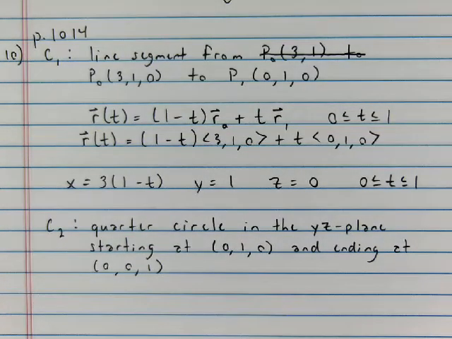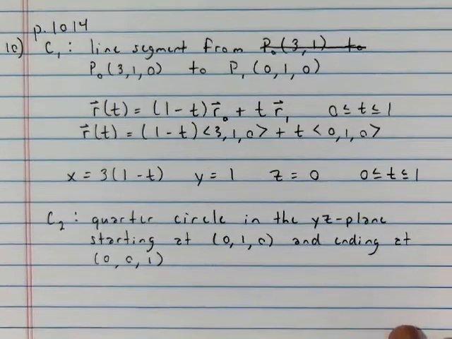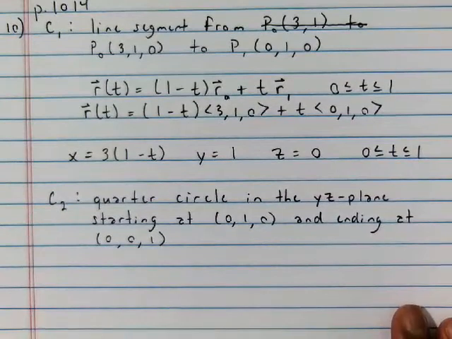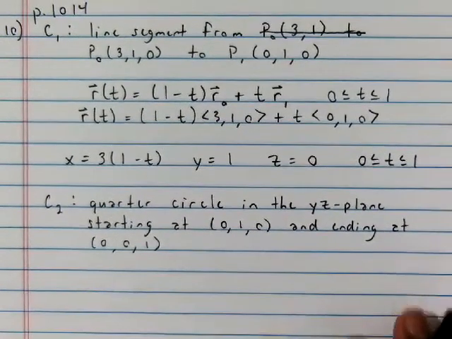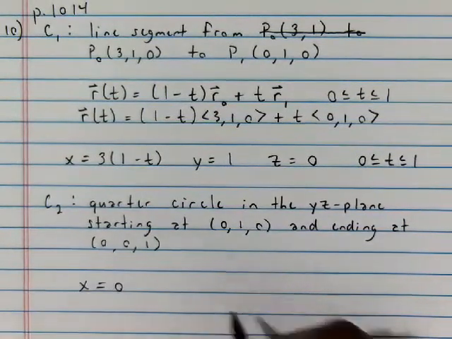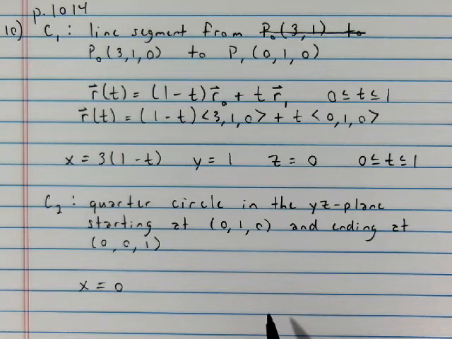Now we'll parameterize this, and in parameterizing a circle in the YZ plane, we normally would use sines and cosines, as we would in the XY plane. Since we're stuck in the YZ plane, we know x is always 0, so x equals 0. Convention is that we'll take the letter closer to the end of the alphabet and make that sine when we choose sine and cosine for y and z.